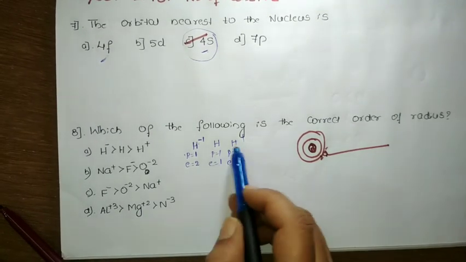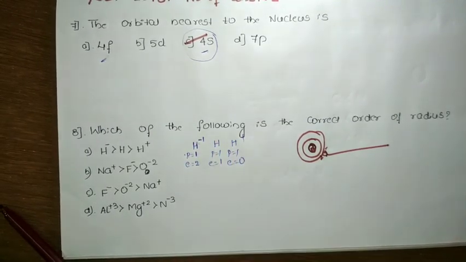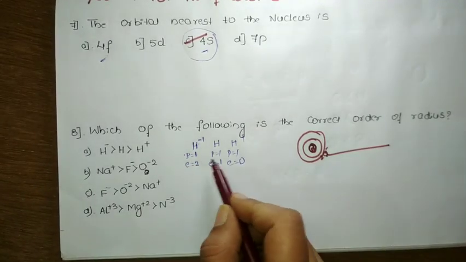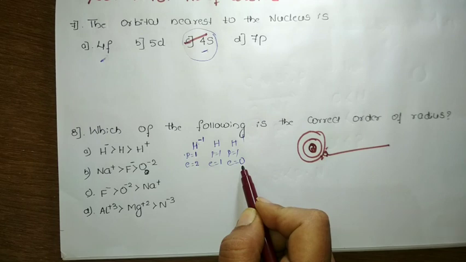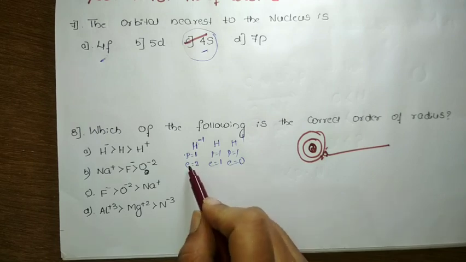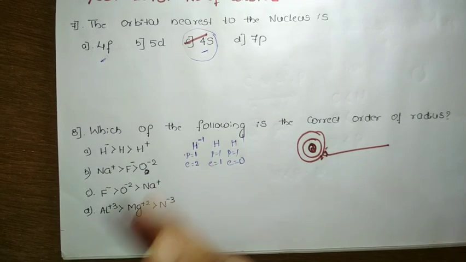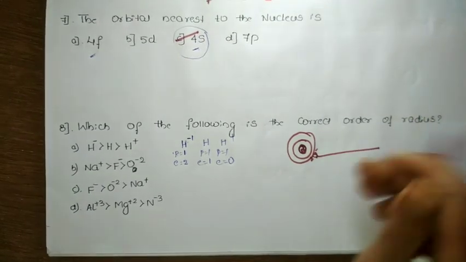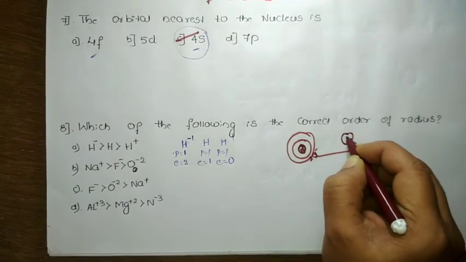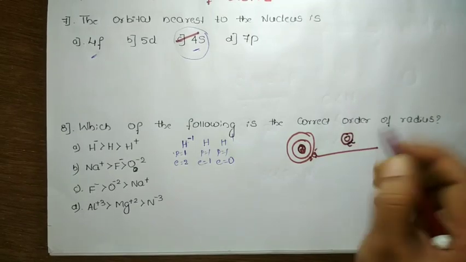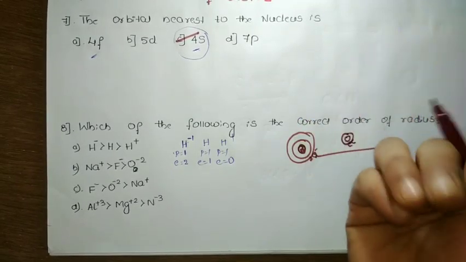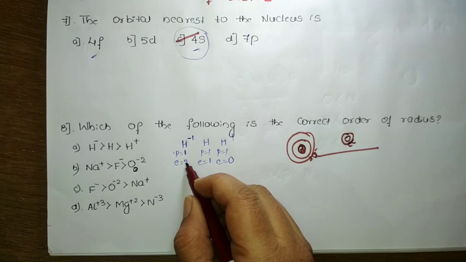So when I compare these sizes, what happens? Equal numbers of protons are there, but the electrons are differing over here. In the hydride ion we have 2 electrons. Listen here, since the size of a hydrogen atom is very small, the electrons which are present will start repelling. These 2 electrons will start repelling one another.